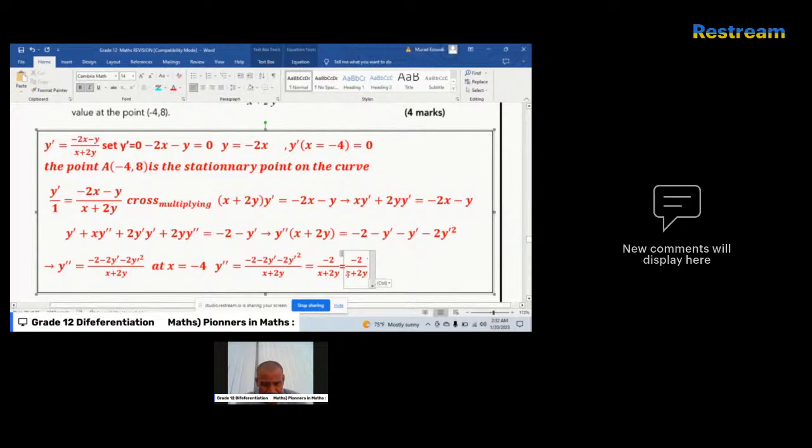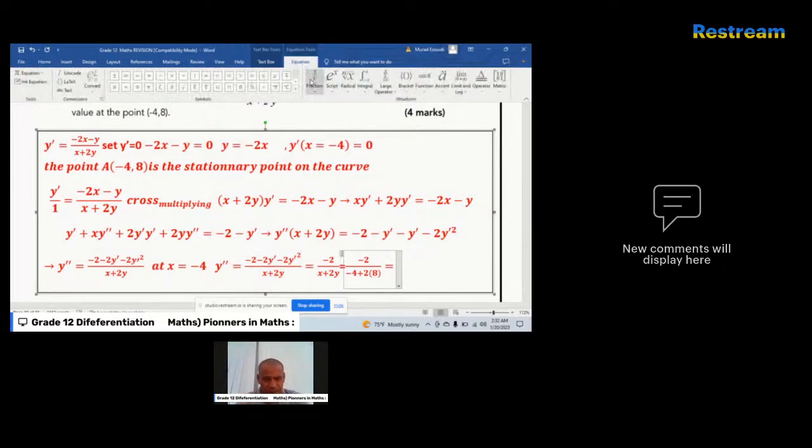Minus 2 divided by minus 4 plus 2, times 8, which gives minus 2 divided by minus 16, minus 4 is 12. So it will be minus 1 over 6.